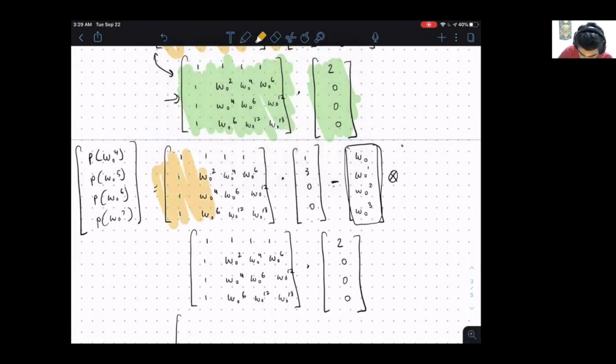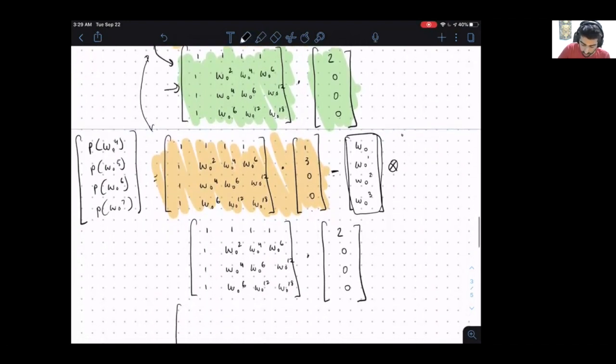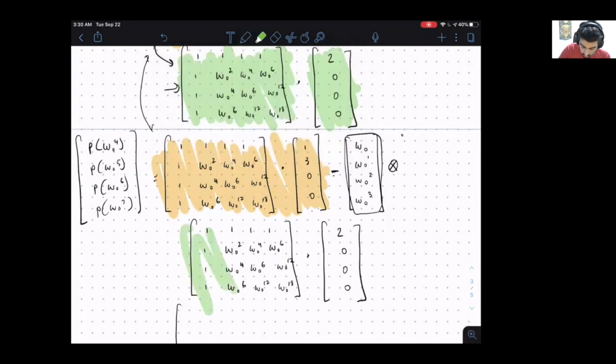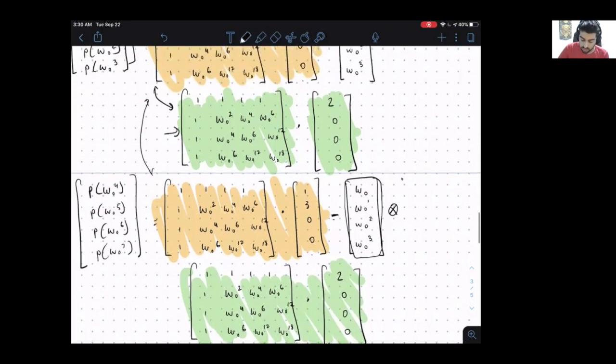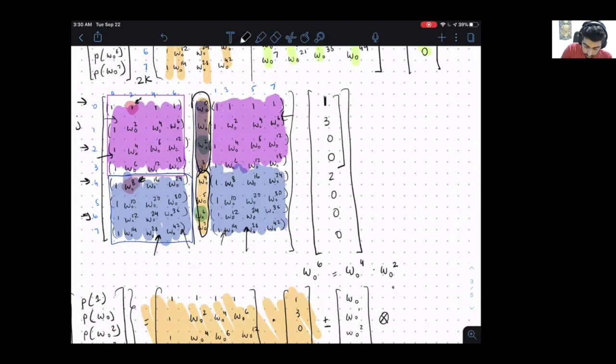So this first half here is the same as this one. These two are equal, and this bottom one is equal as well. Again, the only thing that was different for the bottom half of the computation was this negative sign that we flipped, because these terms are the negative of these terms. Okay.